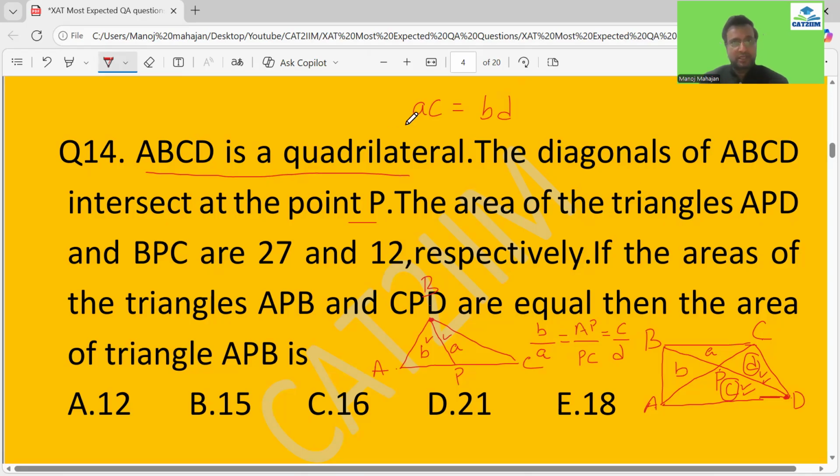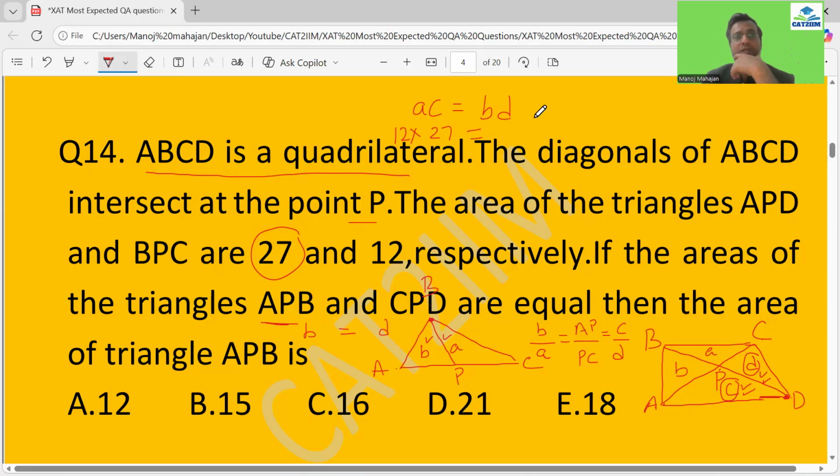So let's understand now what the values given to us are. APD is 27, which is the value of C, right? What is the value of BPC given? That is the value of A, which is 12, right? Now B into D: the area of triangle APB, that is B, which we have assumed, and CPD, which we have assumed is D, are equal, right?